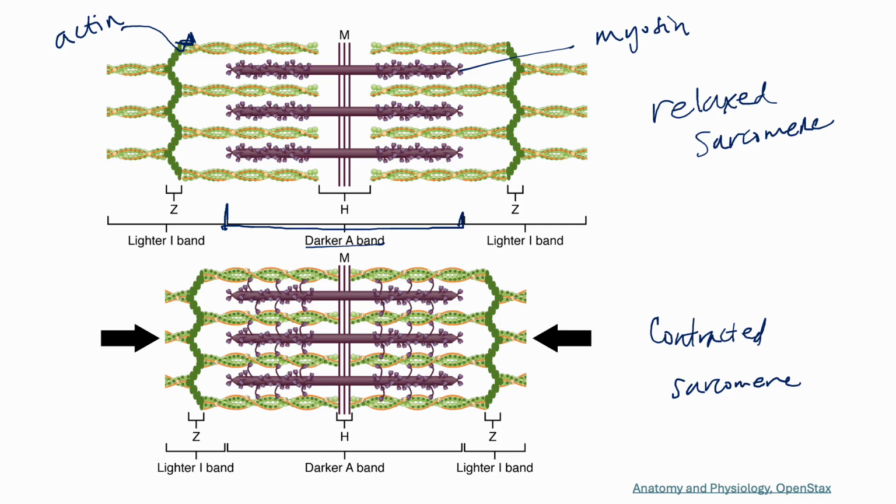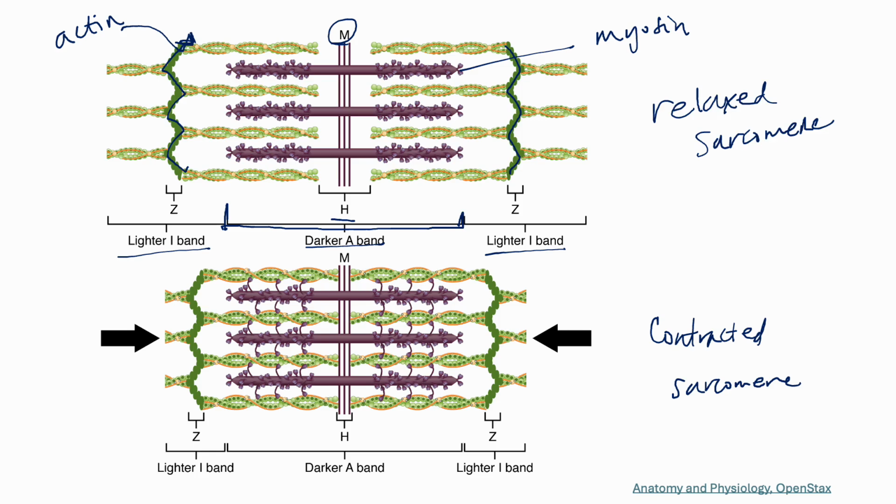The area where there is only actin and no myosin, those are lighter, those are the I bands. We have our Z discs, those zigzaggy lines, which mark the beginning and end of each sarcomere. We have our M line in the very middle, and the H zone is that portion that doesn't have any actin. It's only the myosin, the thick filament.